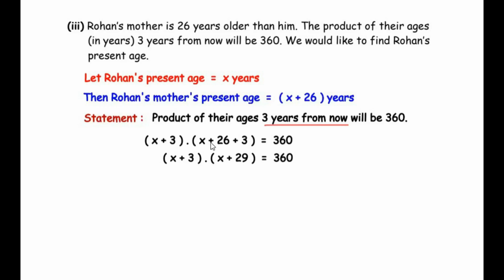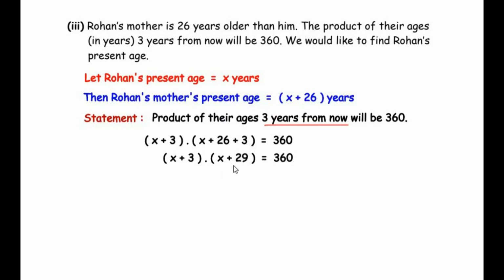So here we have taken the product of their ages, but we have made sure that we add 3 years from now. So Rohan's age becomes x plus 3, times, now his mother's age will become x plus 26 plus 3, and this will be equal to 360. Now in the next step we have simplified this bracket, that is x plus 3 remains the same, and the second bracket becomes x plus 26 plus 3, which is 29, equal to 360.